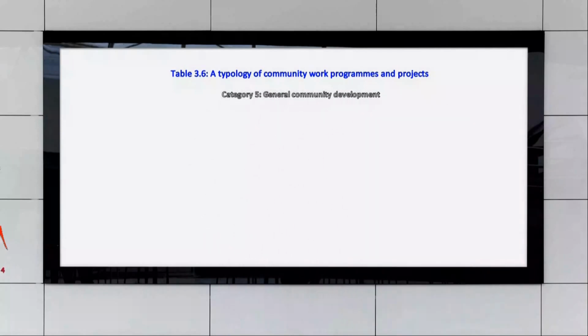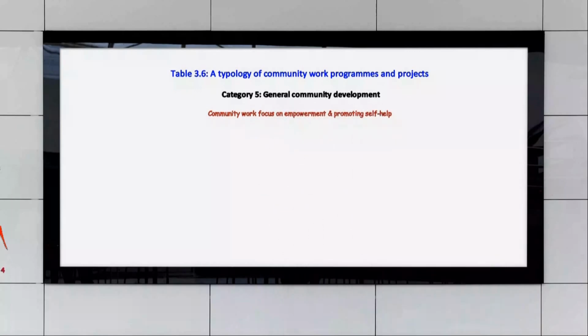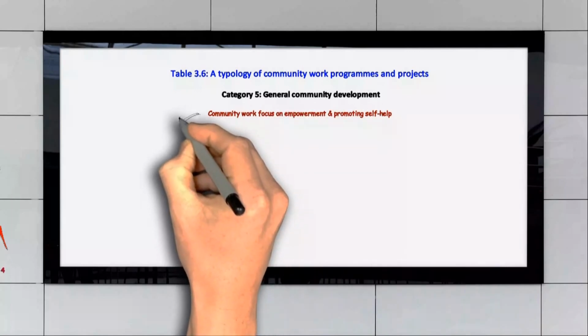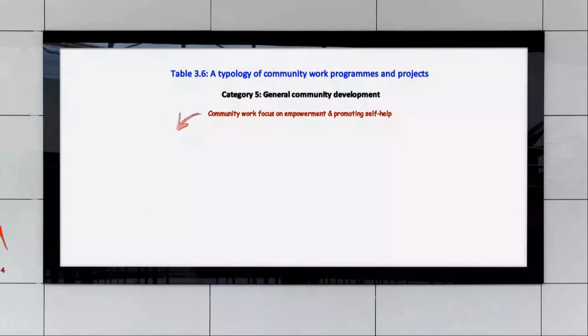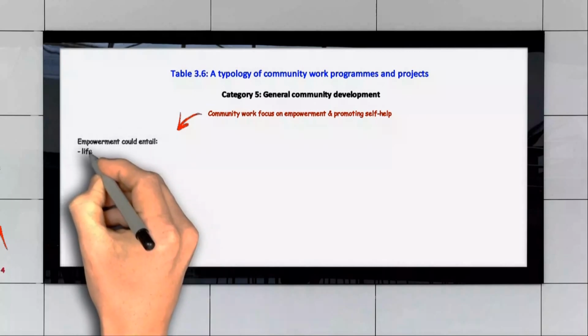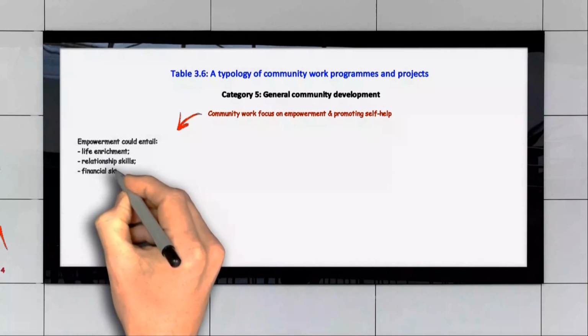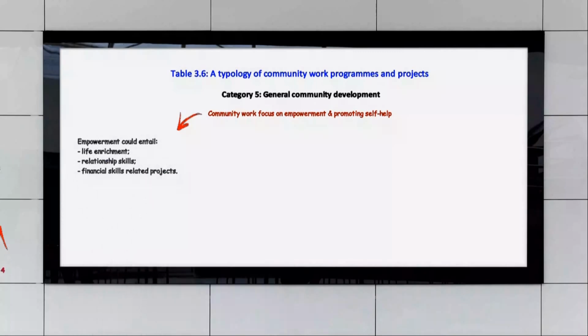In the case of Category 5, general community development, we move away from the more focused social work field to the broad community development field. In this category, empowerment could entail life enrichment, relationship skills related, and financial skills related projects.